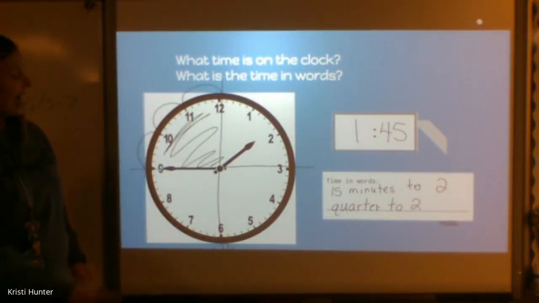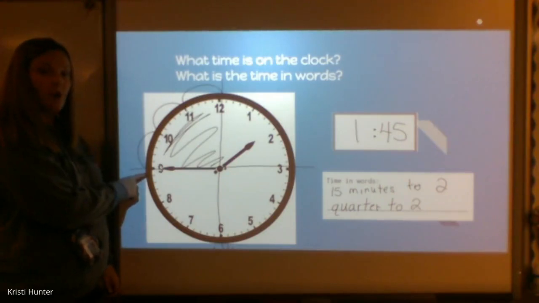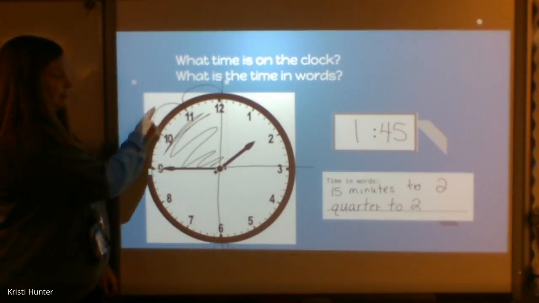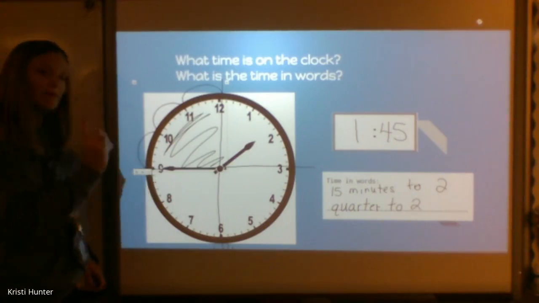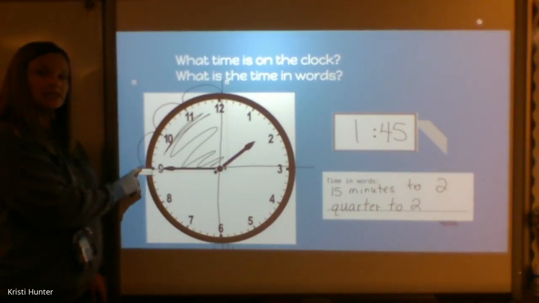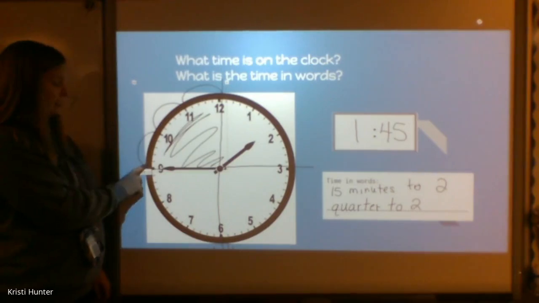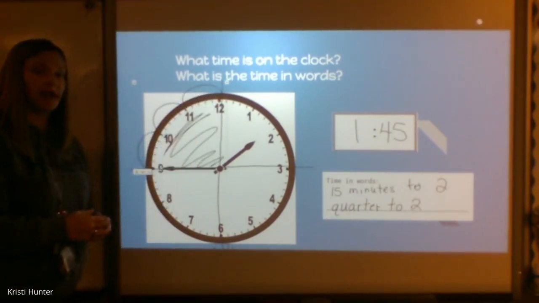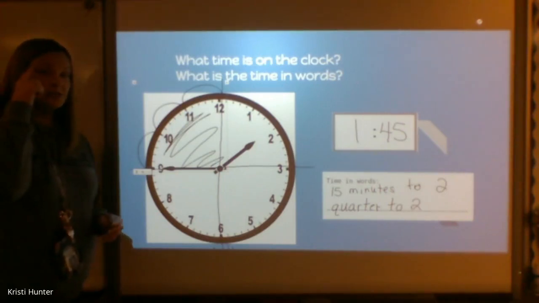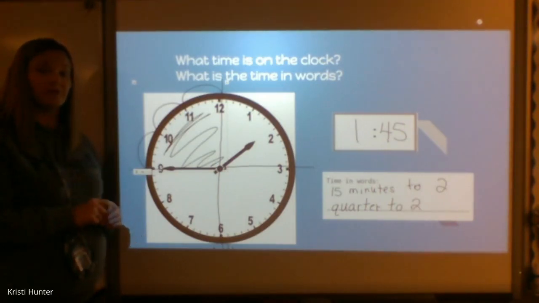Okay. I know you probably can't draw on your screen these marks, the flower petals. So what I want you to do is, as you're counting these, just use your finger to touch it. So 5, 10, 15. That will help you count your minutes. Don't try to do it in your head because you may lose track of where you are.